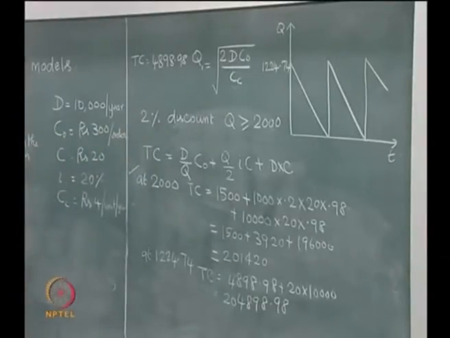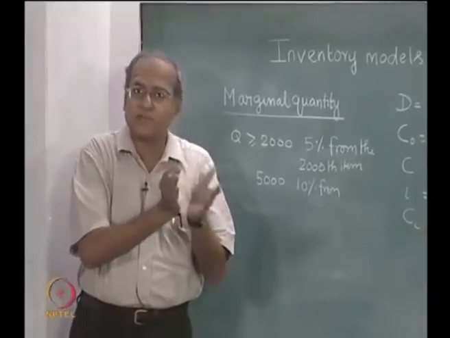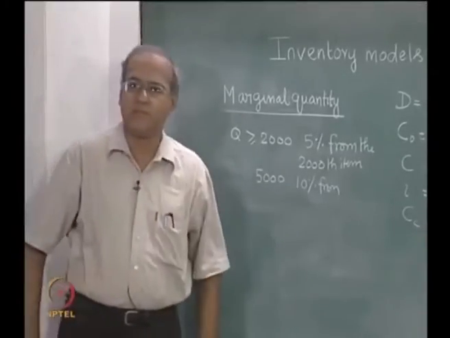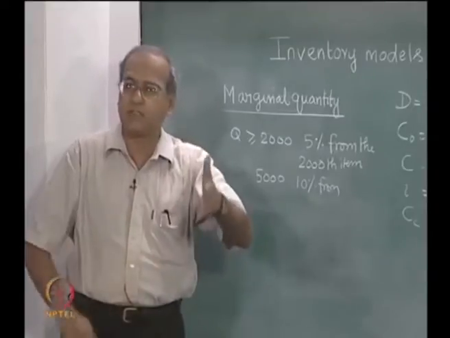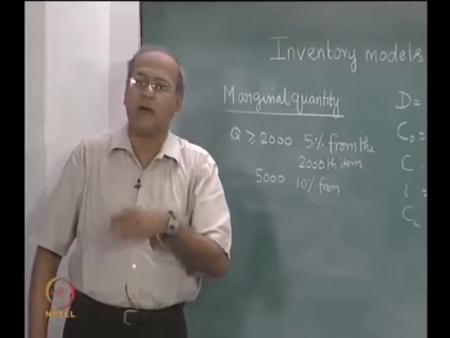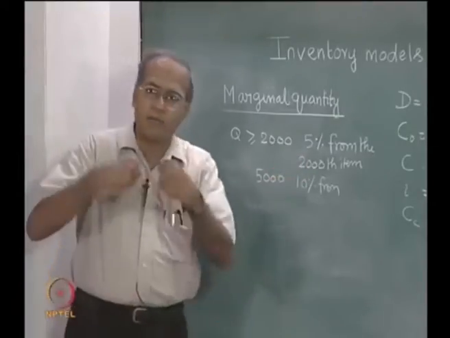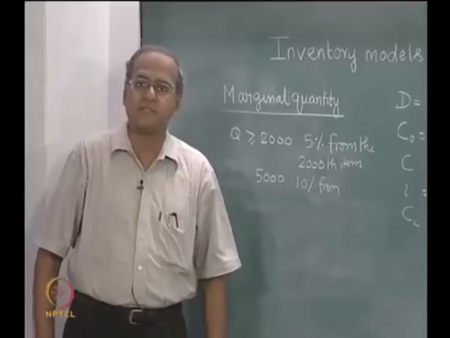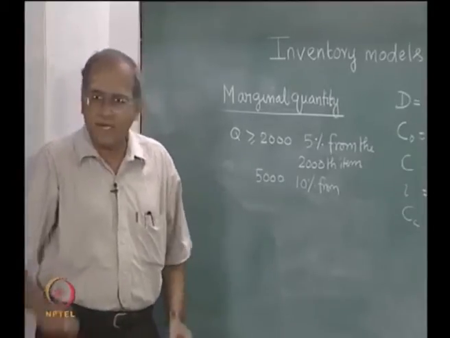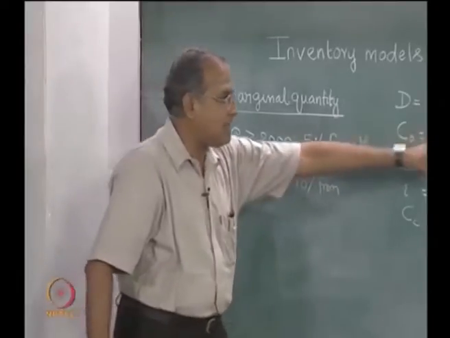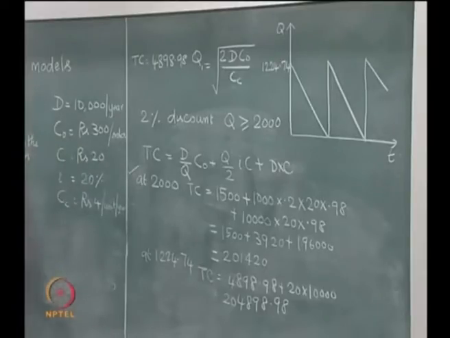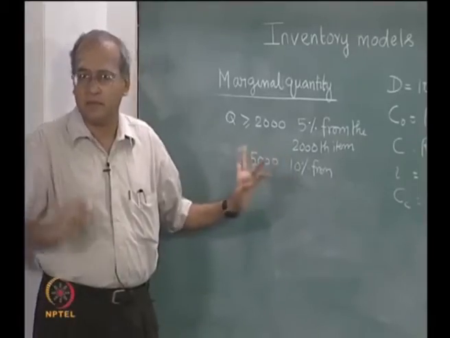Now, if we order 3000 items here, the first 2000 items will be priced at 20. The next 1000, which is after the 2000th item, are going to be priced at 95% of 20, which is 19 rupees. So, at Q equal to 3000, if we order 3000, the item cost will be 3000 into 19 rupees 60 paise. Here it is 2000 into 20 plus 1000 into 19.